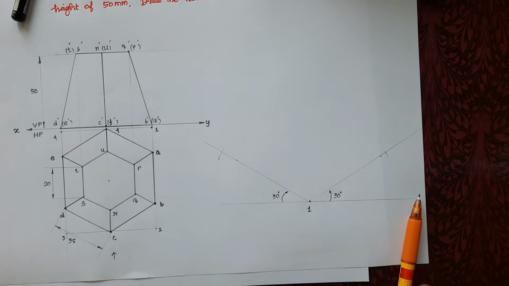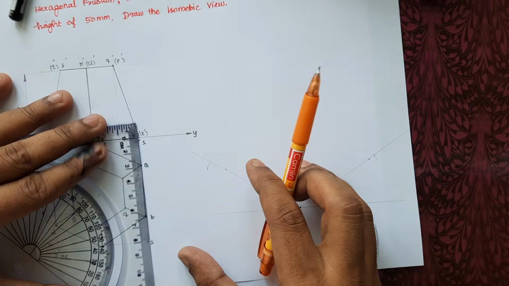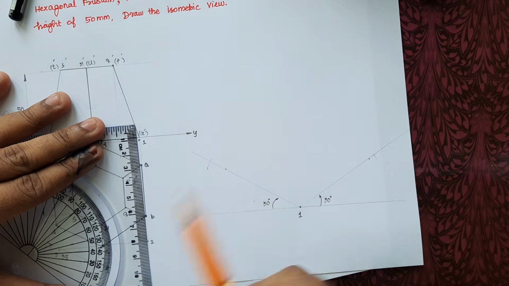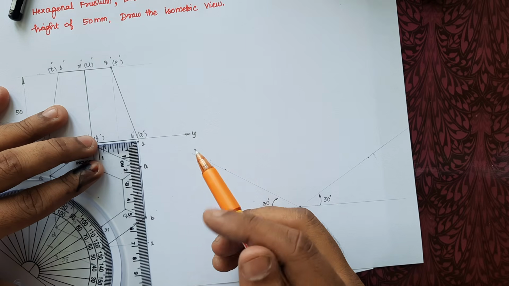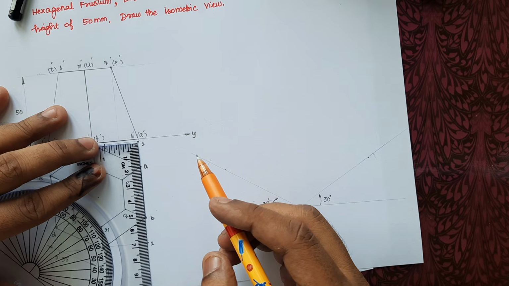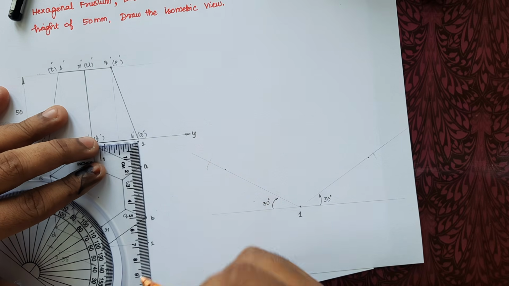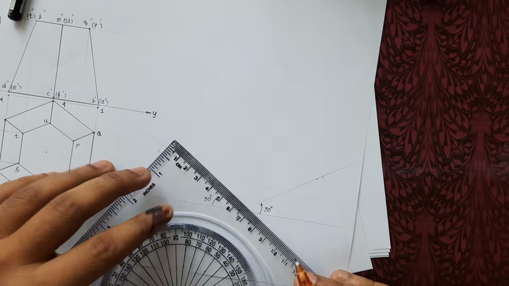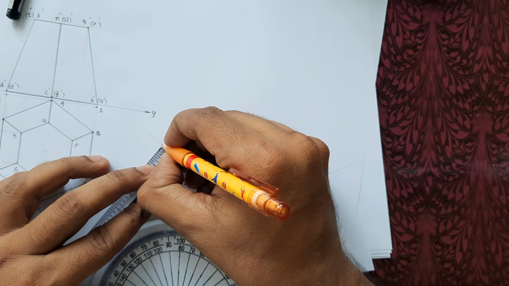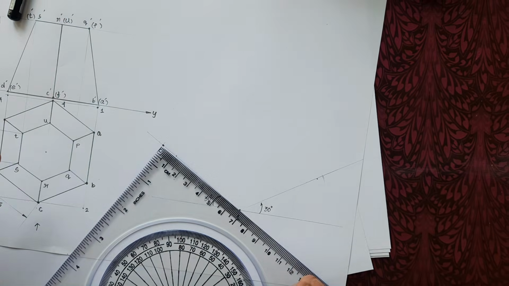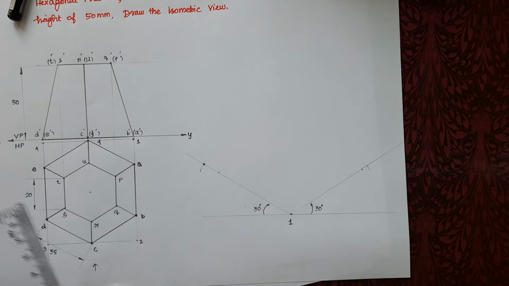So instead of using the compass, we can directly use a scale also. Measure 1 to 2. 1 to 2 is approximately 6.9 mm. So 1 to 2 should be 6.9 mm. We can mark the points by using the scale itself. If you don't have a compass, you can directly use the scale.